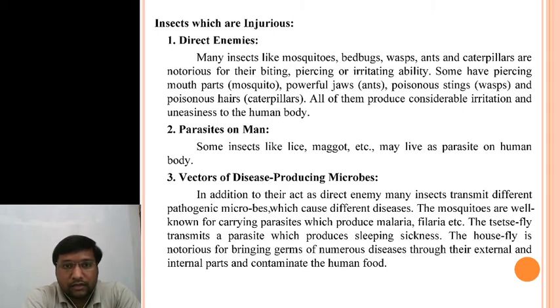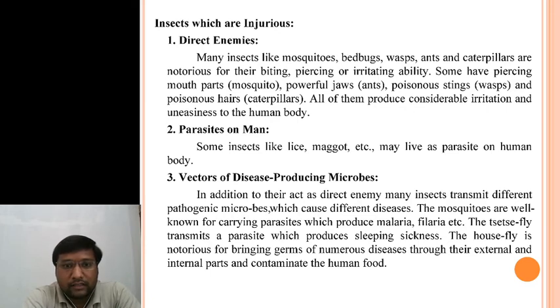Then third one is vectors of disease producing microbes. Some insects act as vectors for parasites or microbes which produce diseases in human beings. For example, mosquitoes act as vectors which carry the parasites which cause malaria or filariasis. Then the tsetse fly transmits a parasite which produces sleeping sickness.